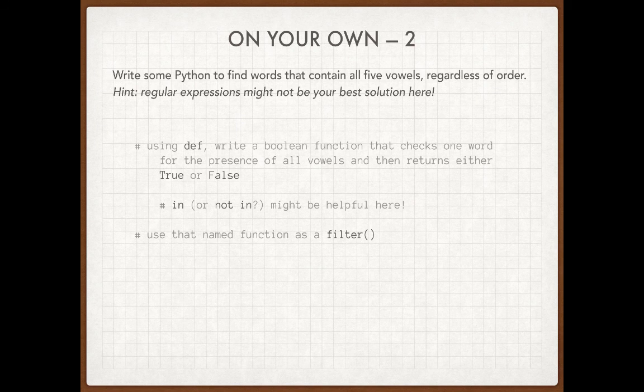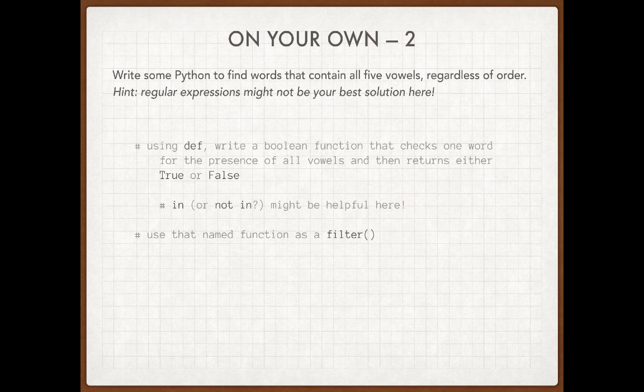So def takes as input one word, and it returns as output either true or false, depending whether all 5 of those vowels are in there, regardless of the order. So that's going to be an if or an if-else or just a series of ifs in conditionals. And again, the in operator, or maybe not in, might be incredibly helpful for you.